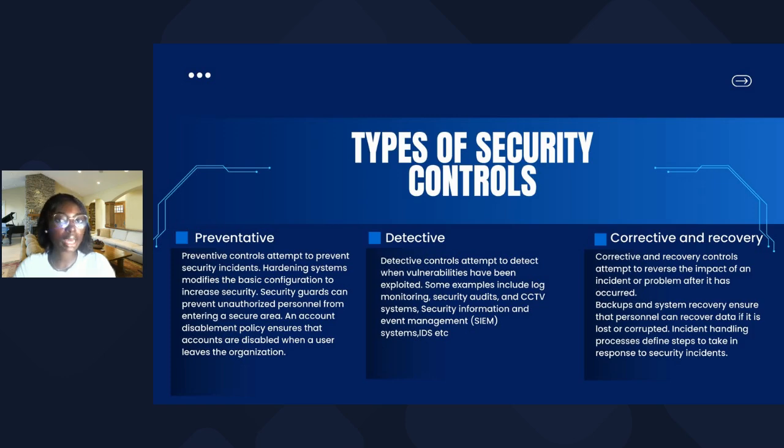Also, security guards within an organization are another good example of preventive control. These guys will help prevent physical attacks that might want to come into the organization.